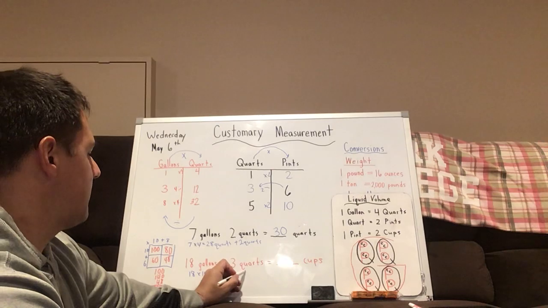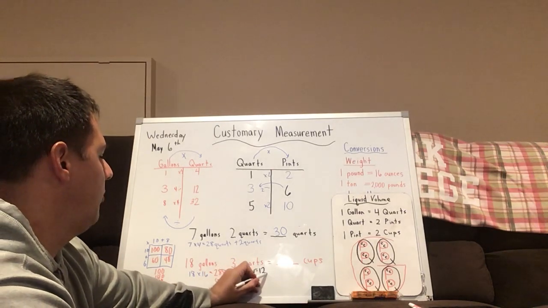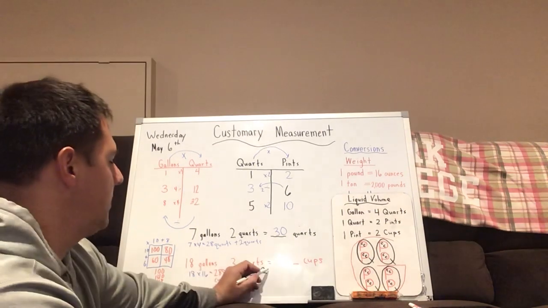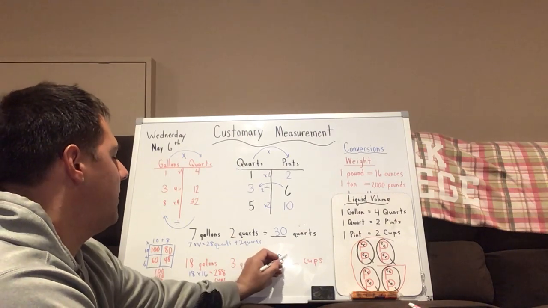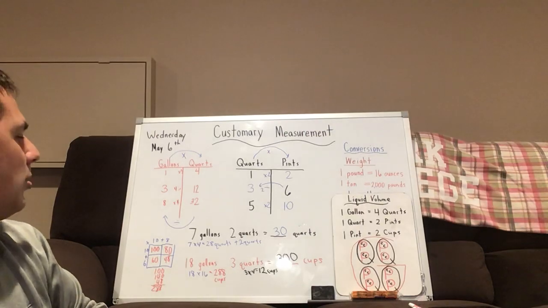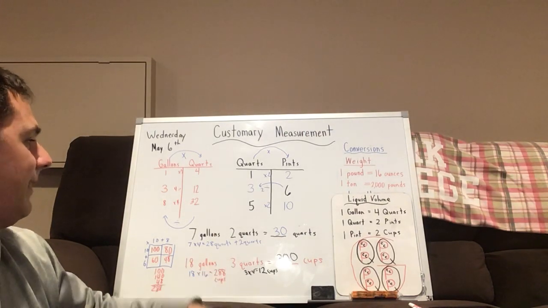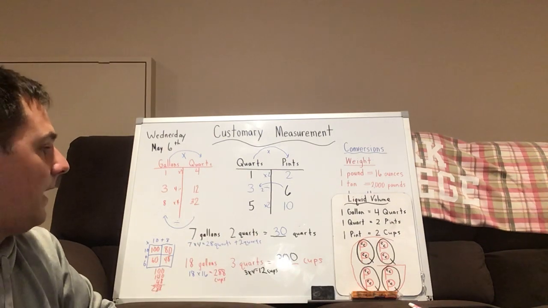So 3 quarts times 4 would be 12. And now I'm just going to add my 288 cups and my 12 cups, and I'm going to get a total of 300 cups for that problem. So 18 gallons and 3 quarts, if you add them together, would be equivalent to 300 cups. Obviously, it's a lot of them.